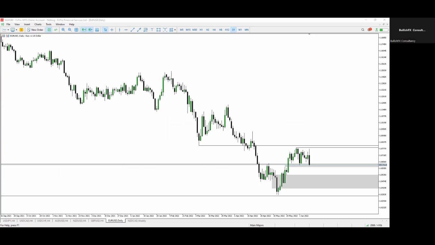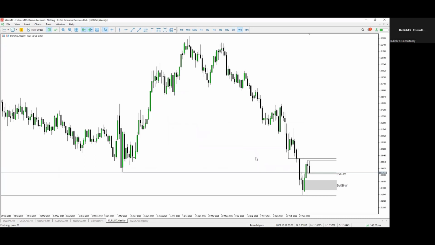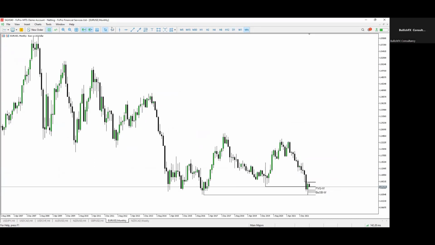Now, I'm one of those who said we're going to see parity on euro USD. Parity basically means we're going to see the euro and the dollar at a 1:1 exchange rate. And right now, if you look at euro USD, 1:1 is basically way down.